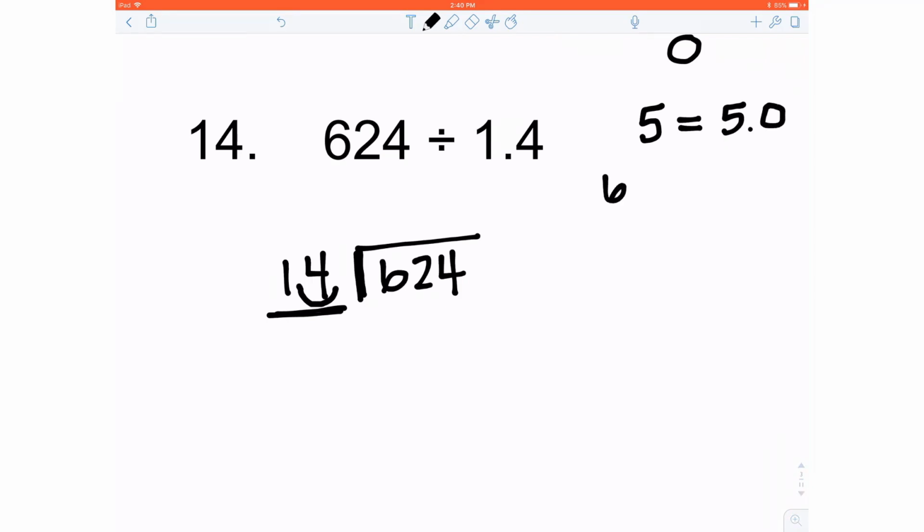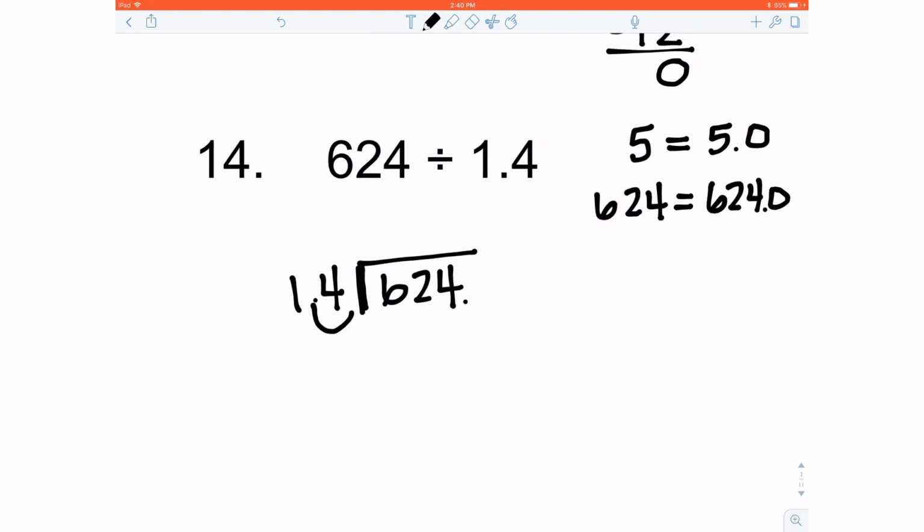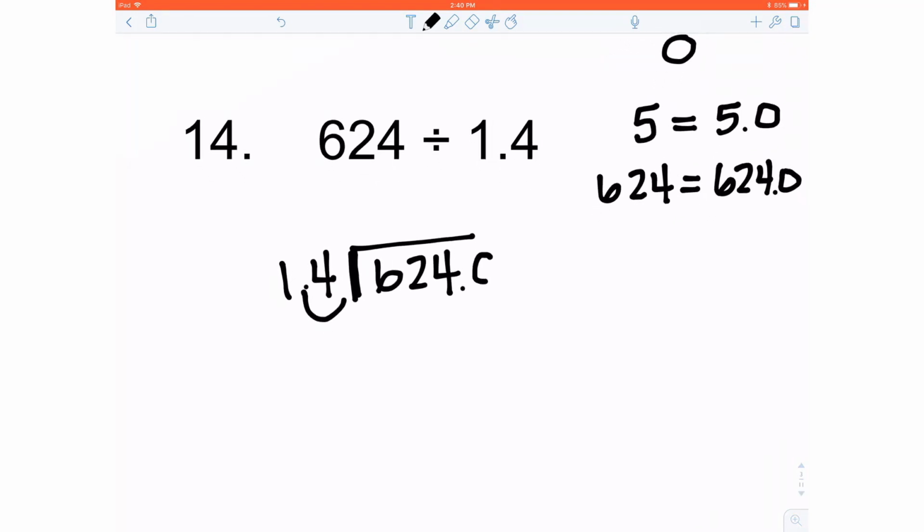624 is the same as 624.0, okay? So now with that said, if we're going to bring this over 1, we know that there's a decimal point at the end of this. Okay?